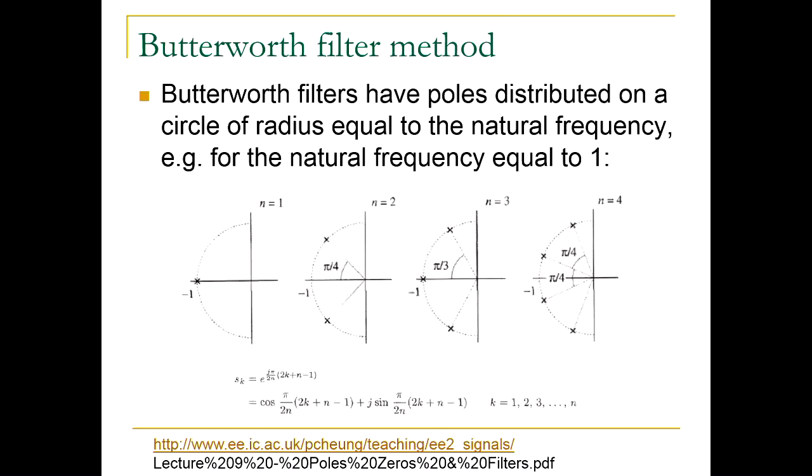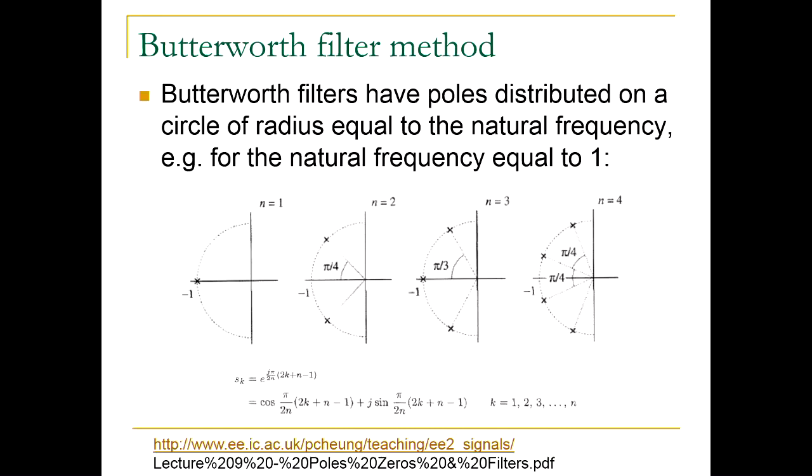The Butterworth filter is a particular way of choosing the pole locations. These filters have certain properties: they give you a really flat gain in the pass band. When we start talking about Bode diagrams, this will become clearer. There are certain criteria used for selecting poles of these filters.